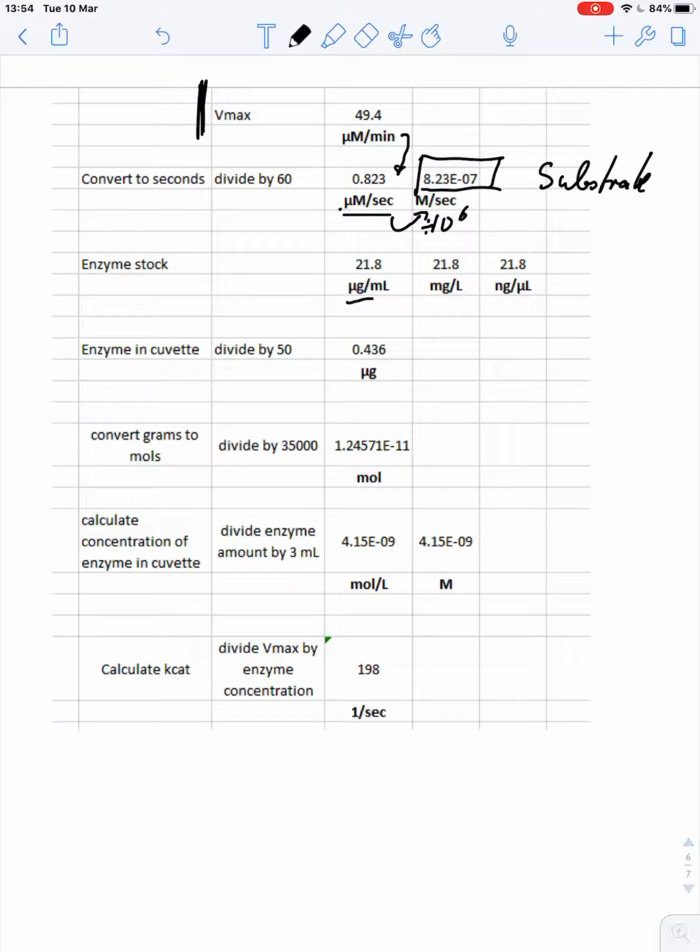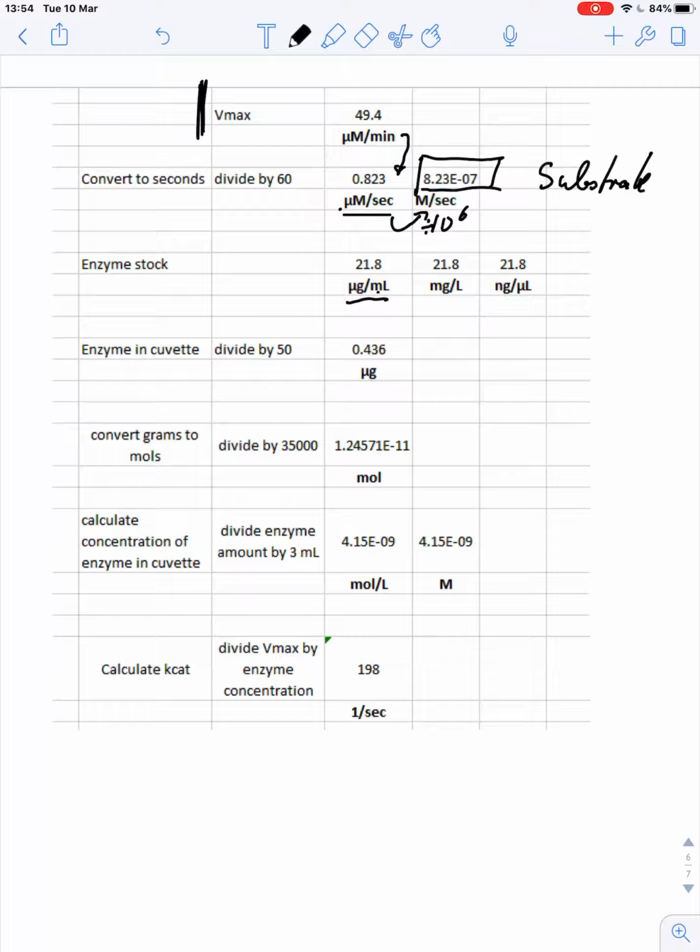Now, what happens with our enzyme? We know that we had 21.8 microgram per milliliter, and we can easily convert that into some other units. So, for example, we can multiply everything by, or extend the unit by, a factor of 1000.